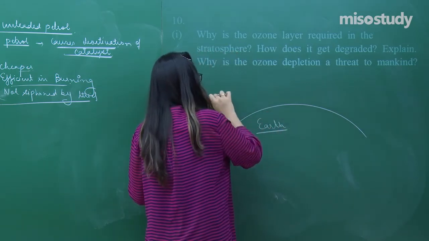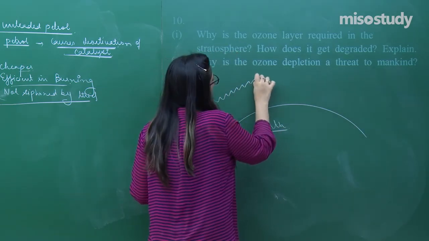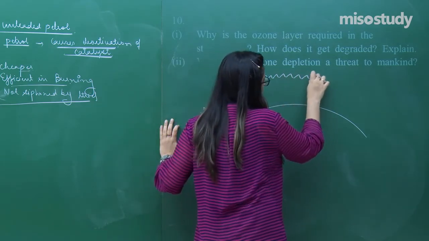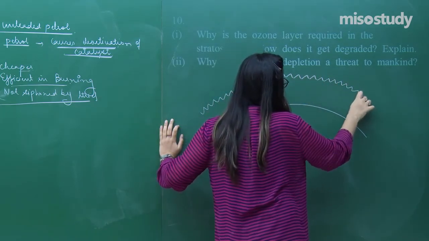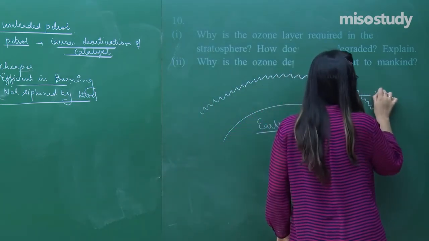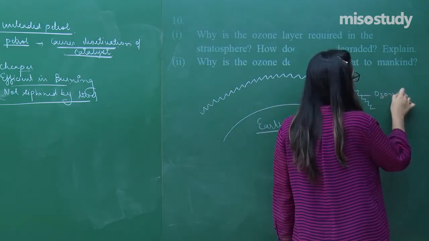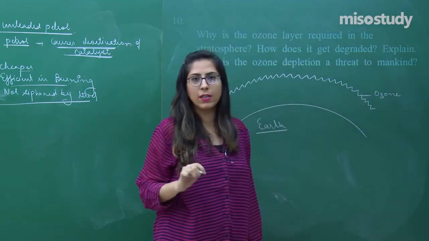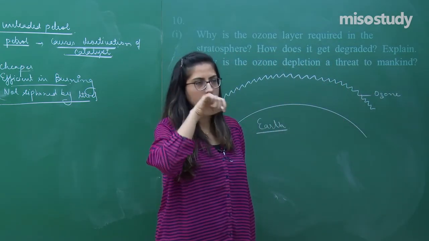We can see a layer present all around the earth's surface, and that layer is called the ozone layer. The diagram which I made in the session related to the ozone layer, you have to draw in this question.